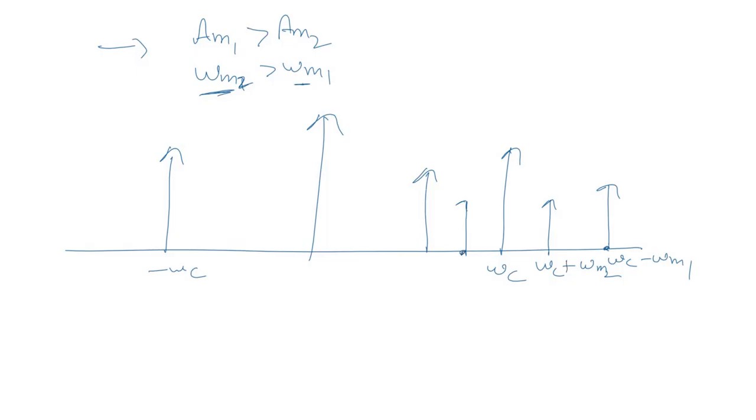On the other side, this will be omega c plus omega m1, and this is omega c plus omega m2. And now since Am1 is greater, this particular sideband will have more magnitude as compared to this.